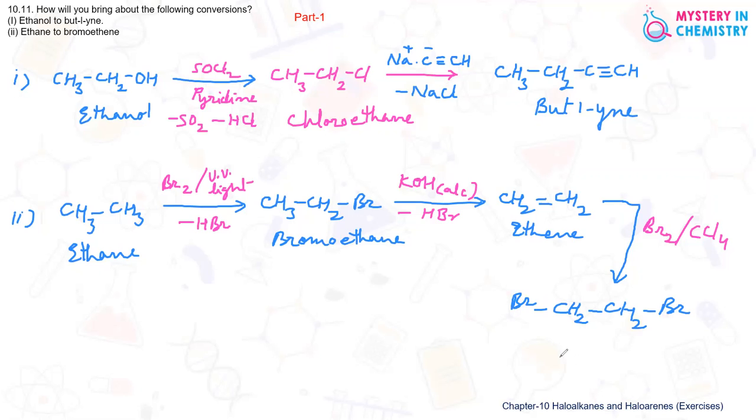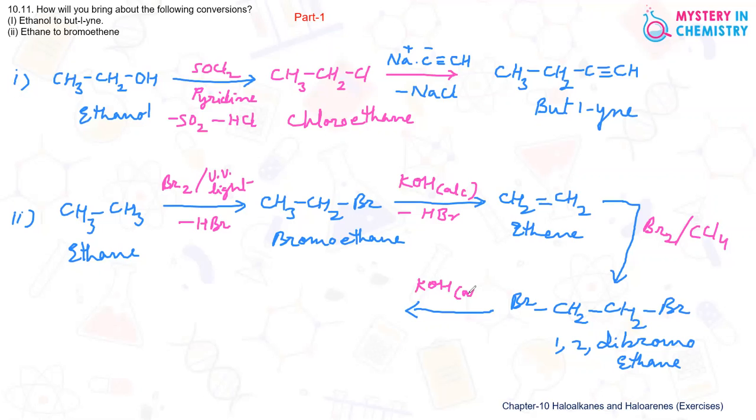And this is 1,2-dibromoethane, the product formed. After that, the actual product we need is different. So we have to do the removal of HBr, that is dehydrohalogenation again. And for this dehydrohalogenation, again we are using the same reagent, alcoholic KOH.